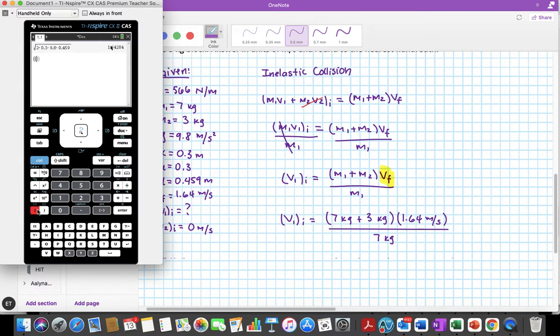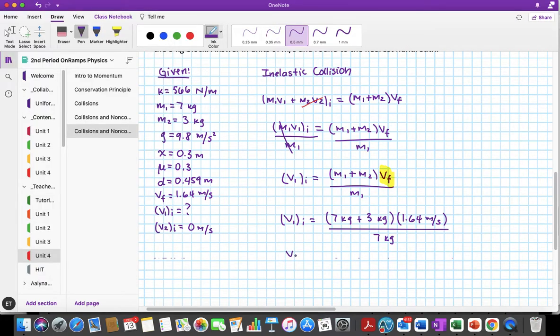So we have 10 kilograms, so I know that's 7 plus 3, times 1.64 divided by 7. 2.34, I think it's rounded to the nearest hundredth, right? 2.34, that's what I'm going to pick.